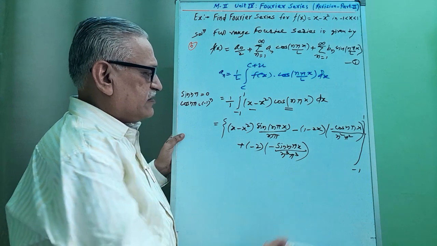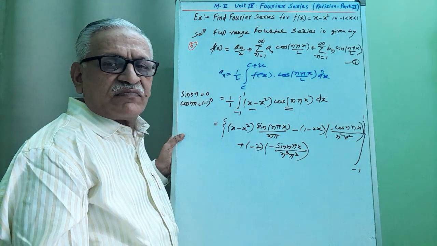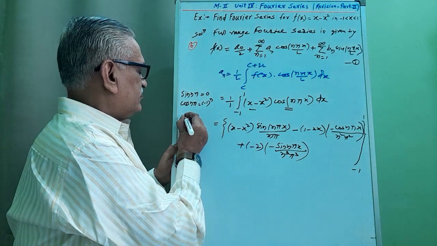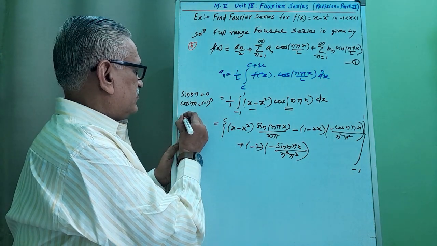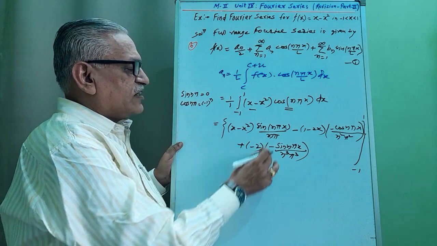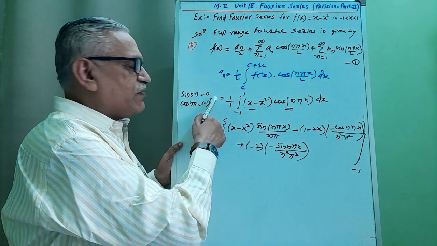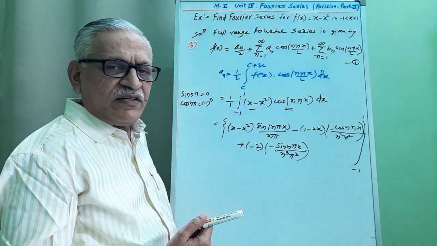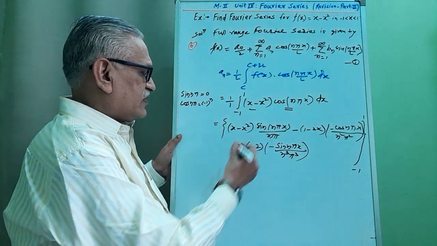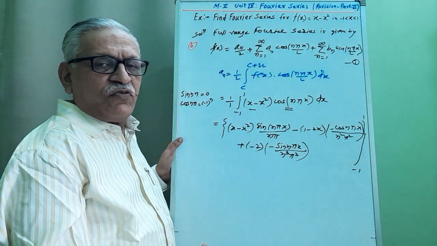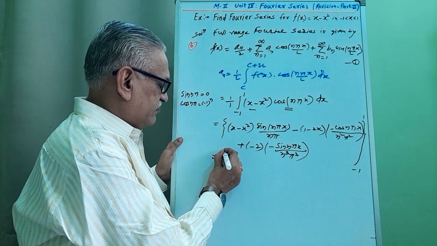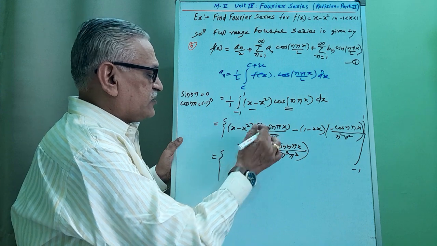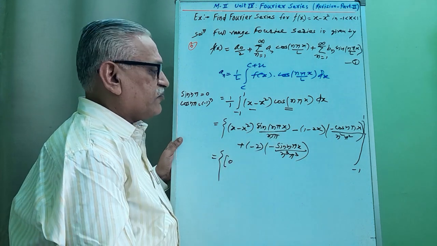For lower limit, we have sine of minus n pi, which means once again we get minus sin n pi, and the value of sin n pi is 0, and we require cos of n pi values for upper and lower limit. We get 1 minus 1, we get 0. 0 into this term, we get that the first one is 0.